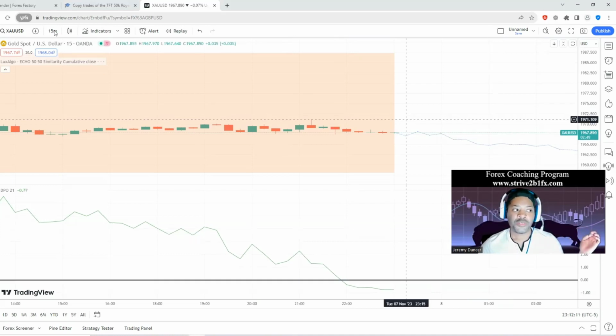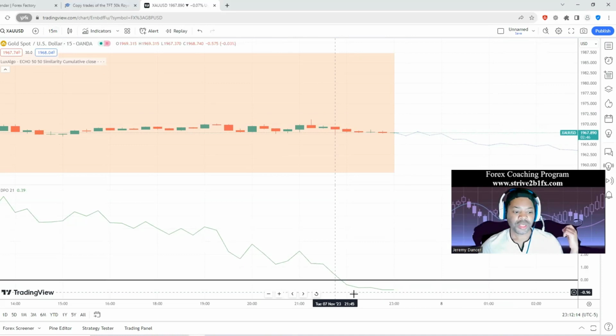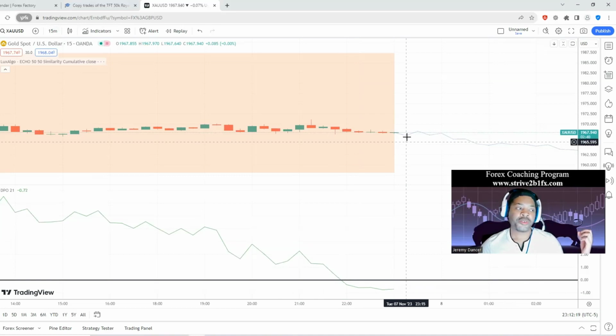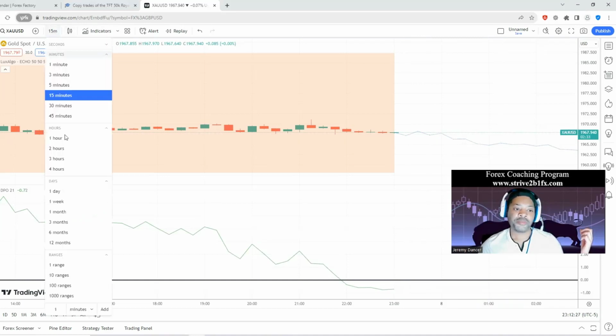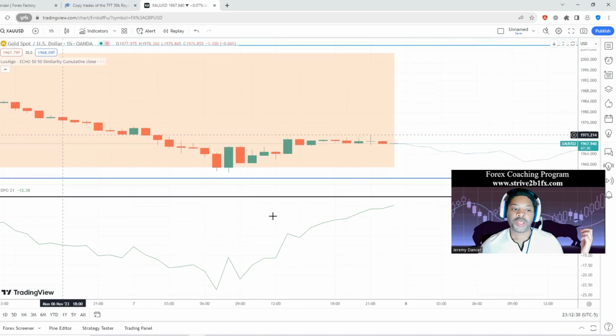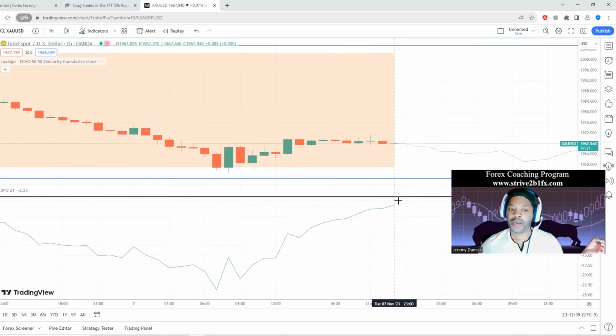So we see on the 15-minute time frame, DPO has given us a sell signal. We can also see with the Lux Algo forecasting indicator that this is also bearish. So we look at the 1 hour time frame. We can see it is going up, but I don't see that there's enough strength for it to trigger a buy signal.